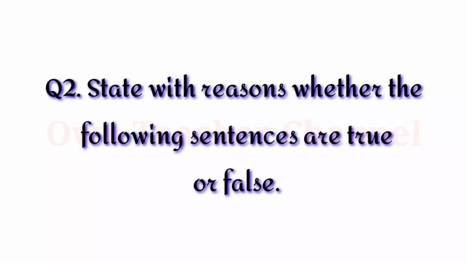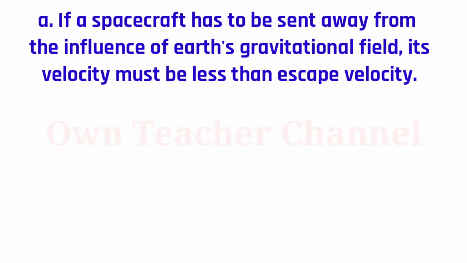Question 2. State with reasons whether the following sentences are true or false. If a spacecraft has to be sent away from the influence of Earth's gravitational field, its velocity must be less than escape velocity.